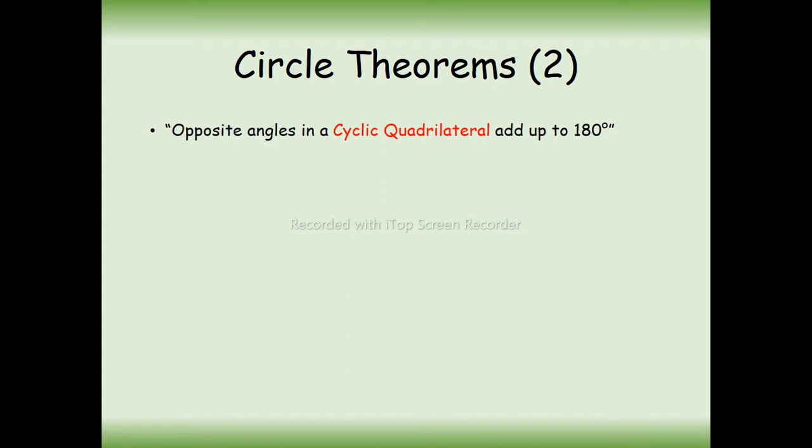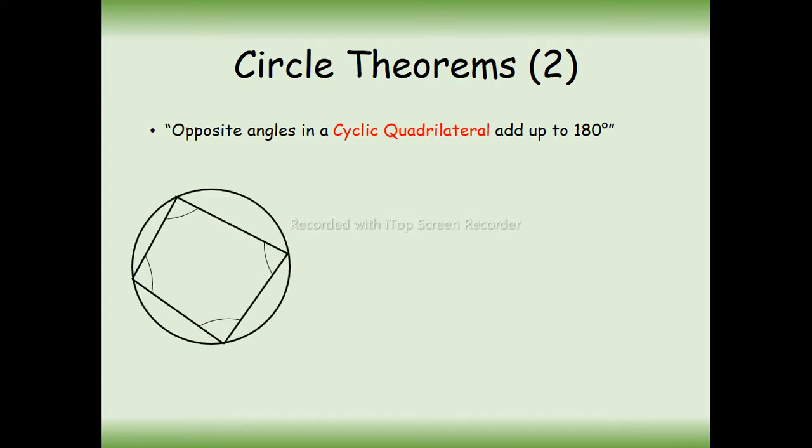The fourth theorem says that opposite angles in a cyclic quadrilateral add up to 180 degrees. What we mean is, which angles do you think would be opposite? The ones across from each other. Yes, that one right there. So A and C, these two would be opposite, right?